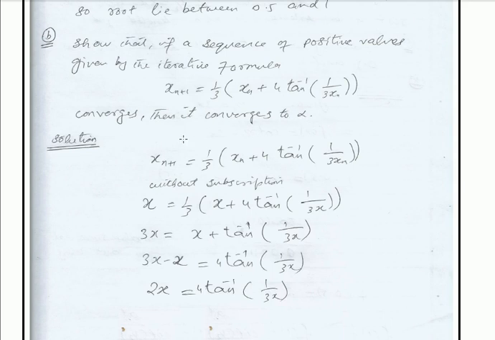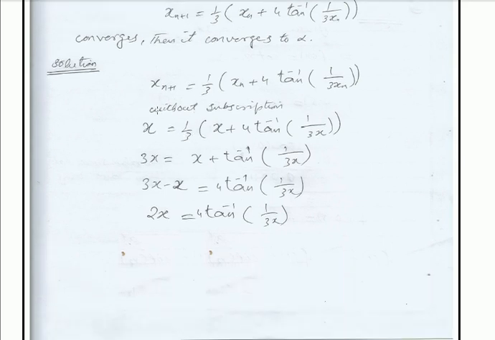In part A, we have proved that the value of alpha lies between 0.5 and 1. So the given equation is x(n+1) = 1/3 (xn + 4 tan^-1(1/(3xn))). Without subscripts, we have x = 1/3 (x + 4 tan^-1(1/(3x))).